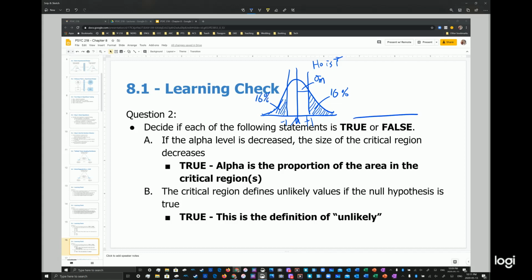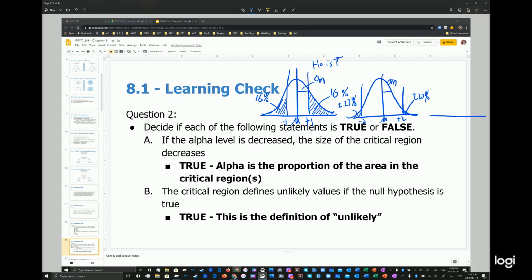Whereas if you set your alpha to something much lower, like 2 standard errors away, then here you're going to have plus or minus 2, and this is going to be close to 5% again. Notice it doesn't sound like that much, but 1 standard deviation is a lot of the population. Again, you can check your unit normal table for this.